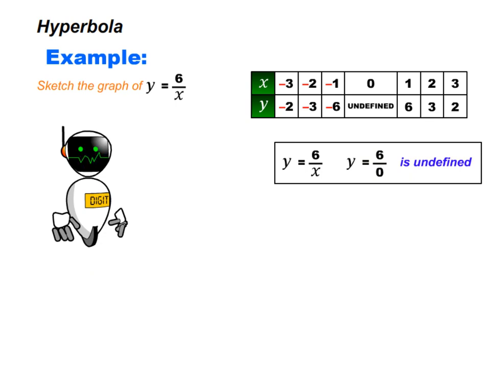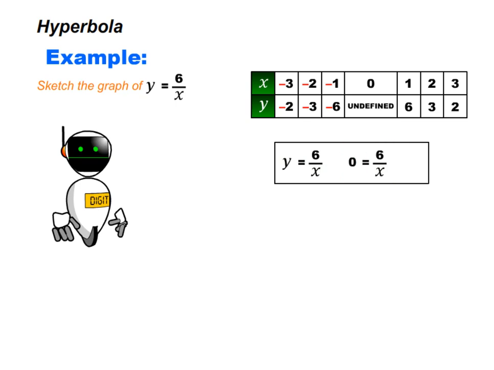Now explain why it does not touch the x-axis. That is very easy. Look at the equation again. Because we are looking for x, let us make y to be equal to 0. So far we have 0 is equal to 6 over x.